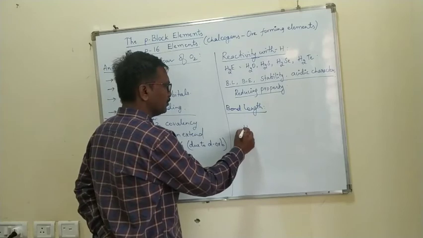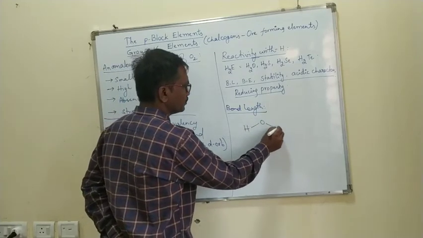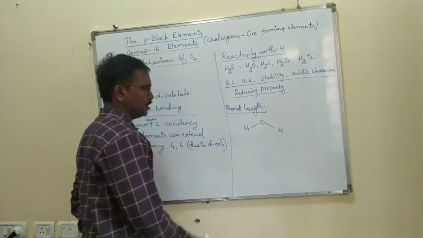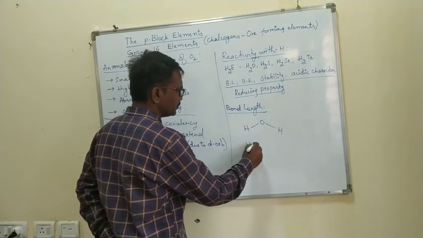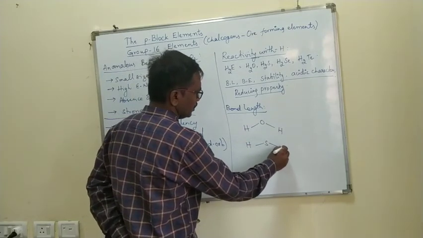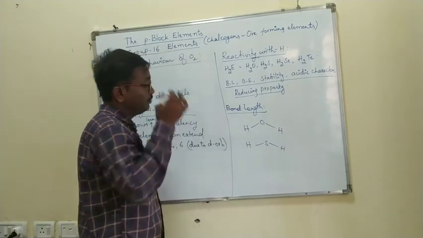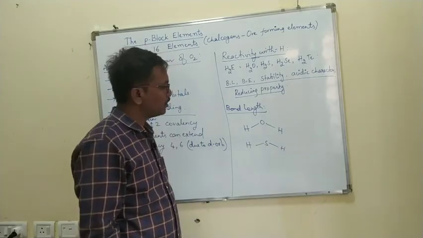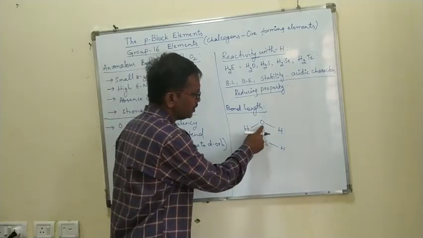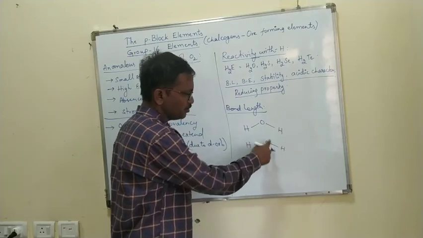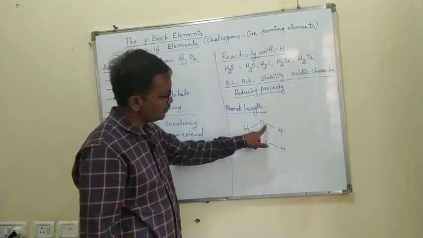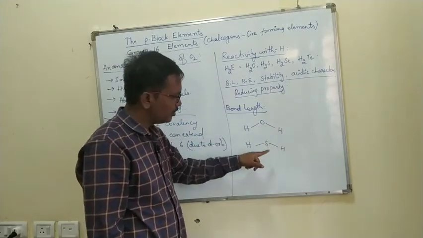So if you write H2O, H2S, which bond length is more? Oxygen and hydrogen, or sulfur and hydrogen? Both sides are the same, right? So which bond length is more?